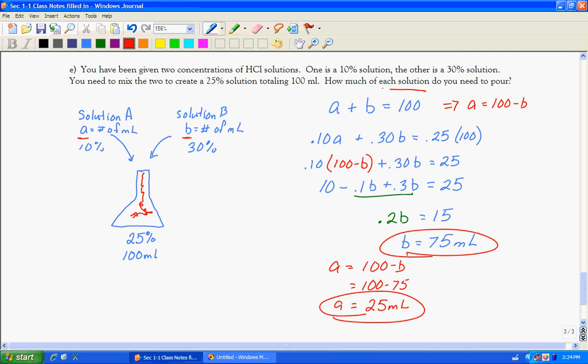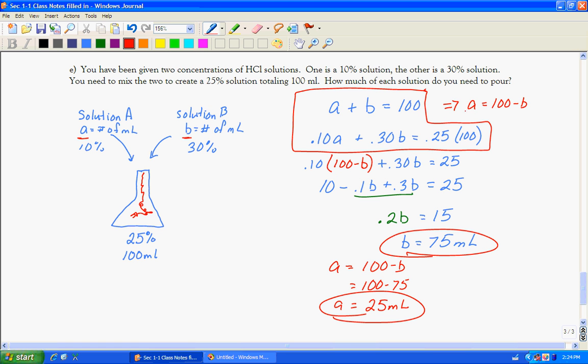And again, we're going to set up a system of equations. We know our two solutions together, solution A and B, are going to add up to 100 milliliters. And then we have 10% solution times how many milliliters plus 30% solution times number of milliliters is equal to our 25% solution, which we know we have 100 milliliters of.